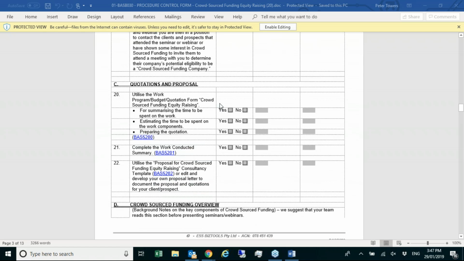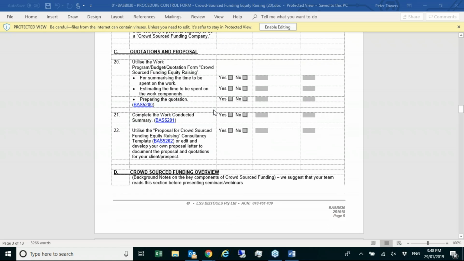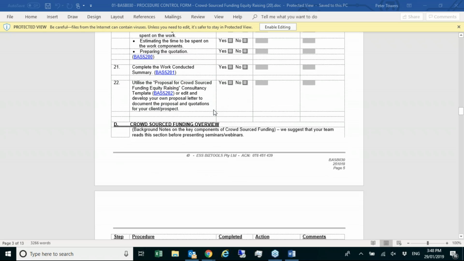We have got the quotation and proposals in here. We started doing that when we started on these product packages 6 or 7 years ago. Some people were not preparing quotations and proposals, even though the Institute said they should have been. But we've prepared them and we've continued to do so. It's up to you whether you use them, of course, or whether you use your own.